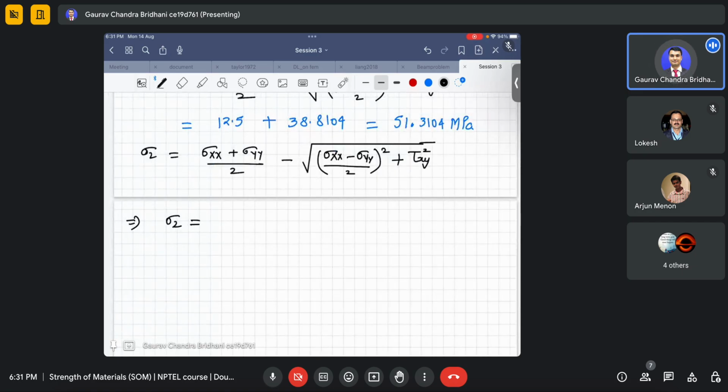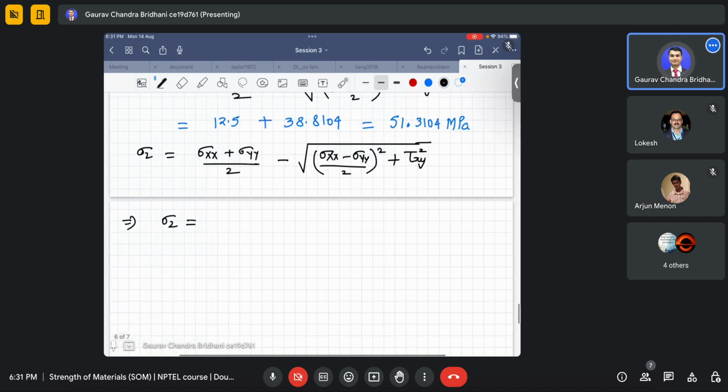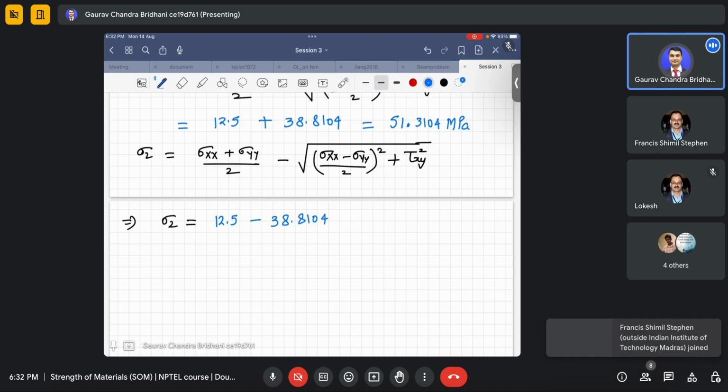For the 3D case, because the next problem which we will solve today is a 3-dimensional case, we'll try to see how, if a 3D case comes, we can solve for the principal stresses. Okay, so it will be 12.5 minus 38.8104.